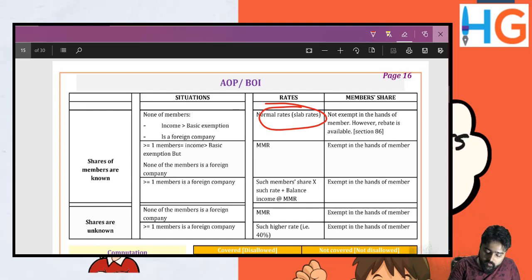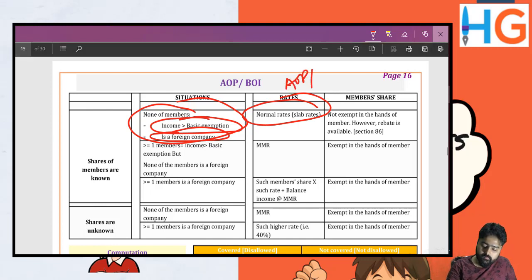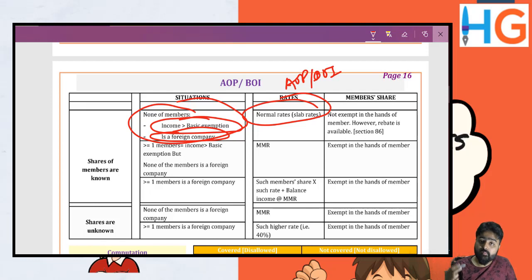So, if none of the members has income exceeding basic exemption, and none of the members is a foreign company, normal slab rates will apply to the AOP. Member's share is not exempt in the hands of the member. In the current example, the member's income was 2.5 lakh.